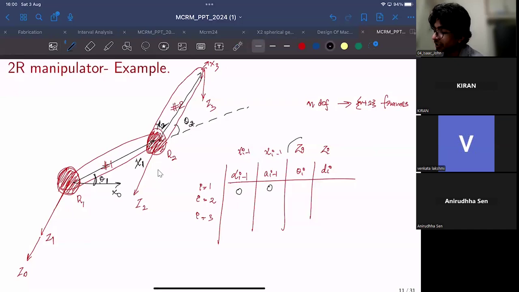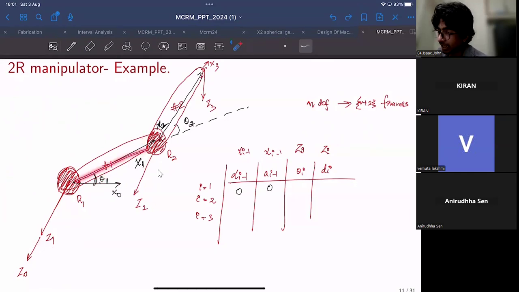And now what about the rotation about Zi? The rotation about Zi, or Z1 in this instance, is to align X0 and X1, right? This theta 1 basically changes with respect to your inputs, with respect to your motor input.